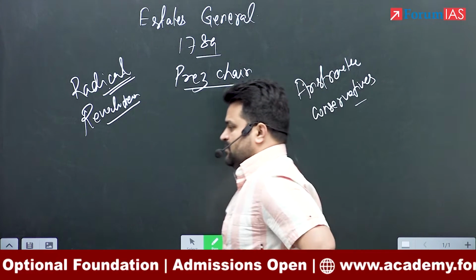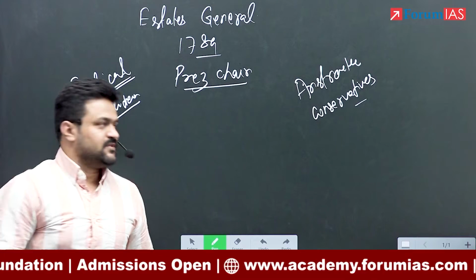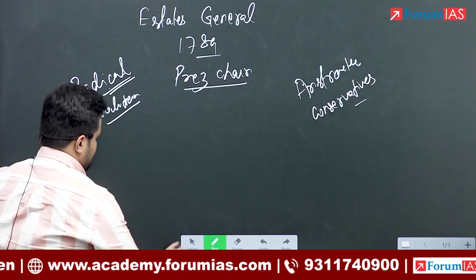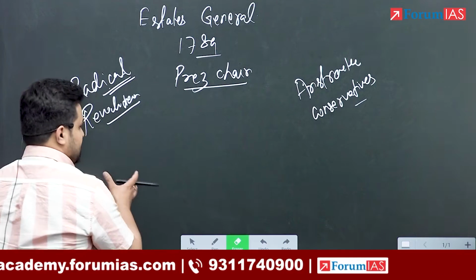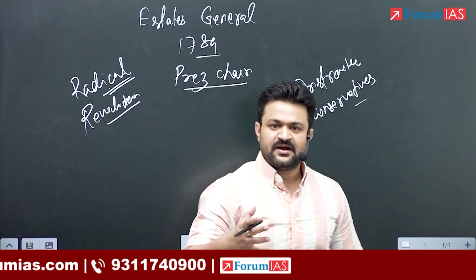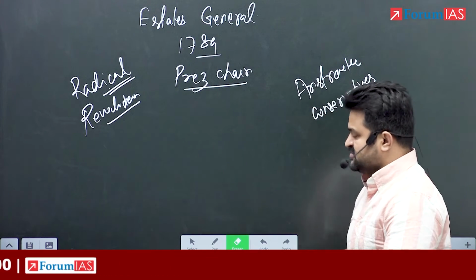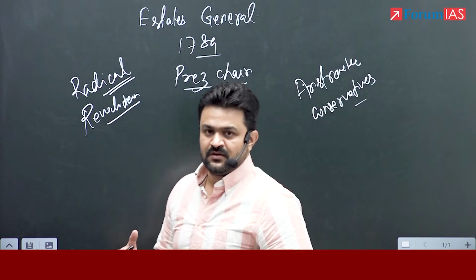Okay? So adopting your perspective, this is the left side. So those people who sat on the left side stood for some radical change. Radicals, as they were called. They stood for some kind of revolution.